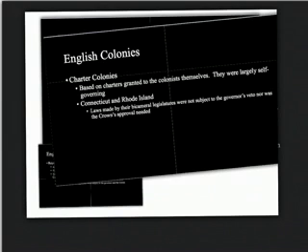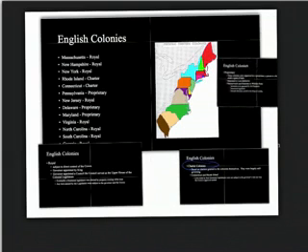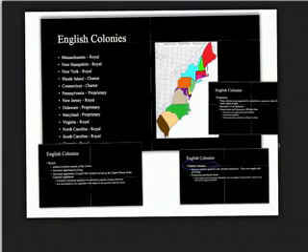The laws were not subject to a governor or the crown's approval. The other colonies could have things vetoed. So charter colonies had the most autonomy. Those are the three types of British colonies.